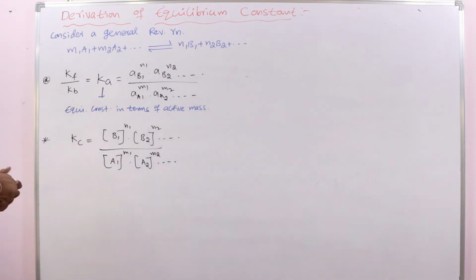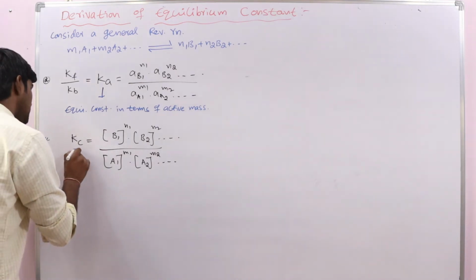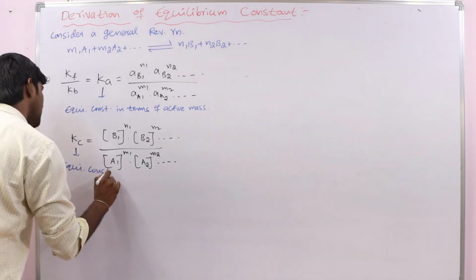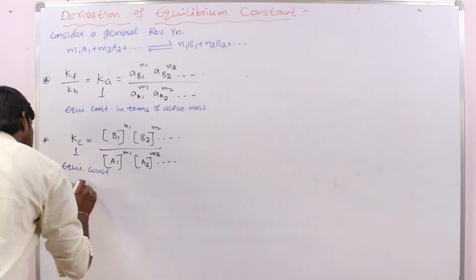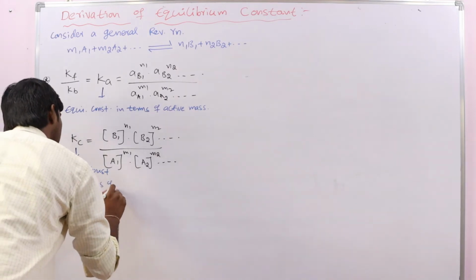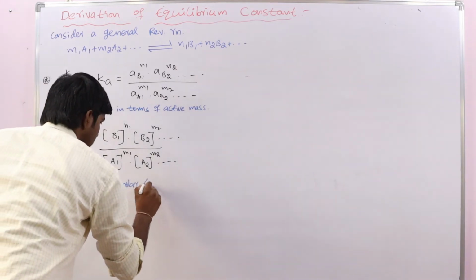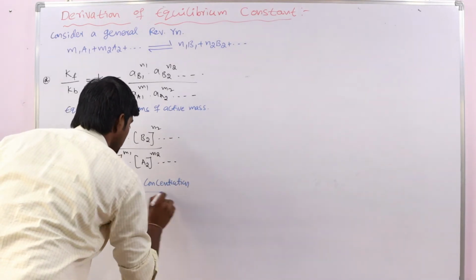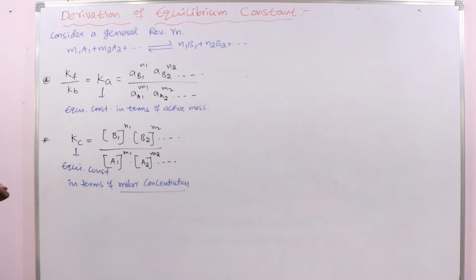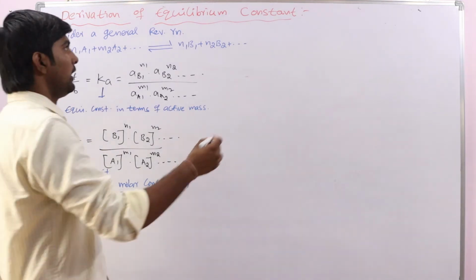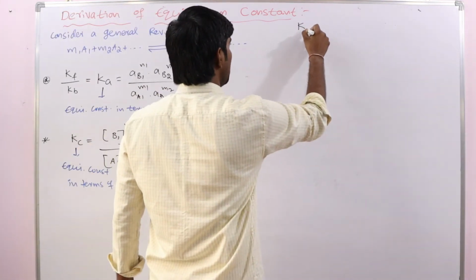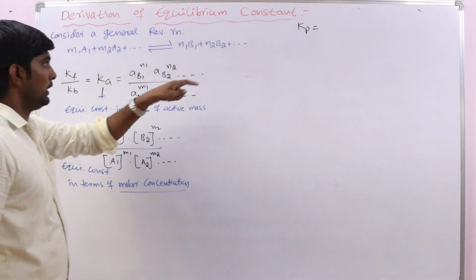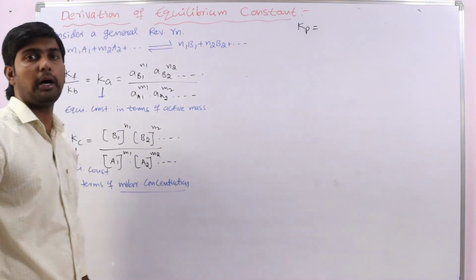This Kc is the equilibrium constant in terms of molar concentration. Similarly, we can write Kp, the equilibrium constant in terms of partial pressures.